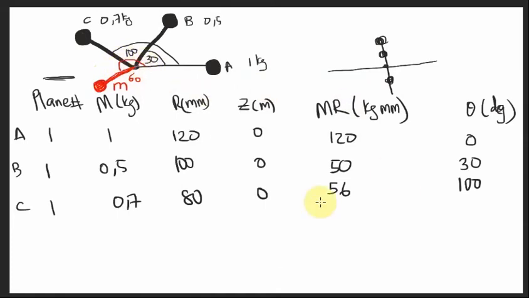We don't know the angle from here, so let's call it D. D is also in the same plane. It has a mass of M, radius of 60, so M times 60 gives us 60M. The angle is theta, which we don't know. So we have everything here.